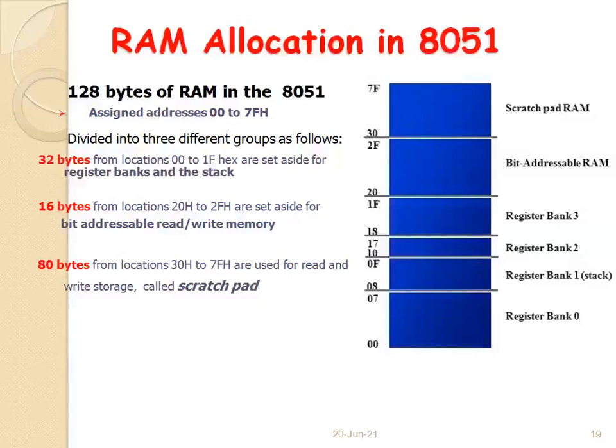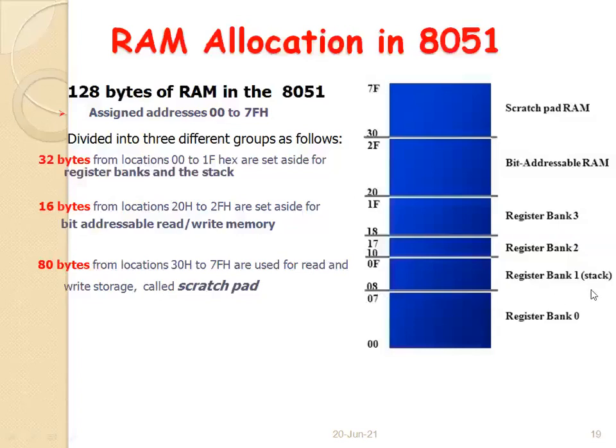So let us come to the topic again. After the execution of the instruction, the stack pointer value will be incremented by 1. That is, the value will be equal to 08 in case of 8051. But you can check from the RAM allocation table that 08 is the register address from bank 1.